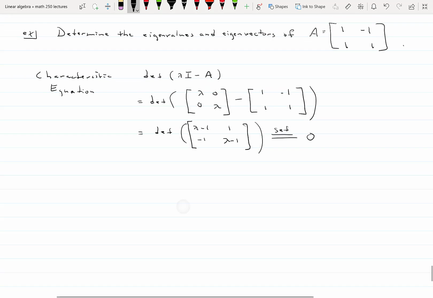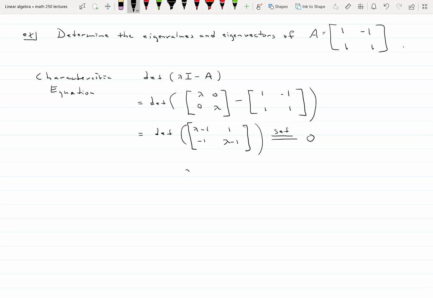Let's perform this determinant. It's lambda minus 1 times lambda minus 1, the determinant of a 2 by 2 matrix, real simple, plus 1 equals 0. We get lambda squared minus 2 lambda plus 1, plus another 1 equals 0, and we get lambda squared minus 2 lambda plus 2 equals 0.